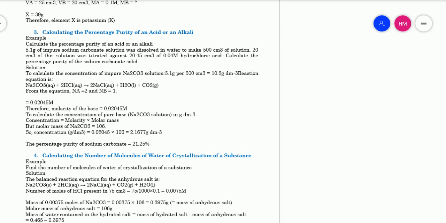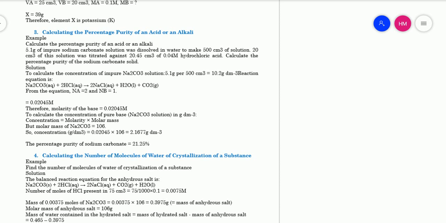So sometimes in calculations you may be asked to calculate the percentage purity. In this question, I will have an example of calculating the percentage purity either of an alkali or a base or an acid, and later in the demonstration we will even show how to calculate the percentage impurity.